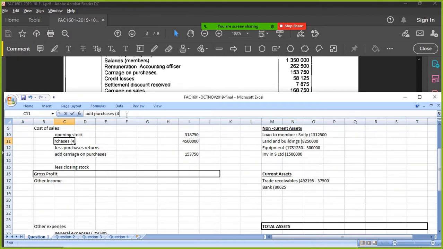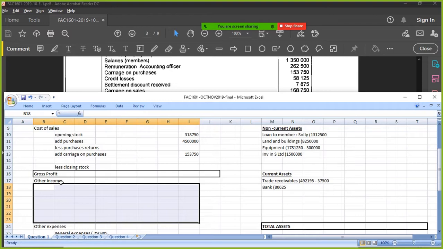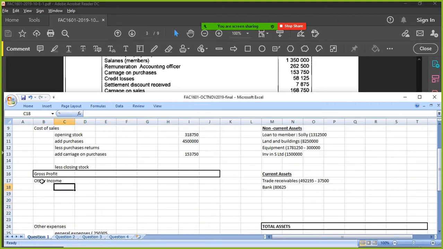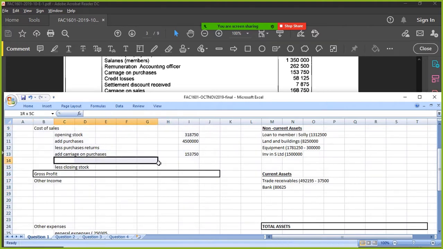You could show it separately as other income if you wanted to, but generally you'd offset it against the purchases because it's obviously going to affect your creditors. So settlement discount received, in actual fact, should be part of that.